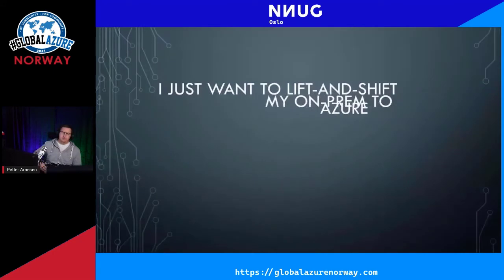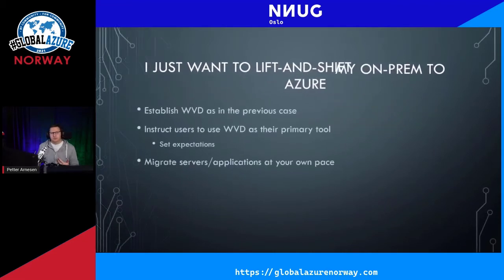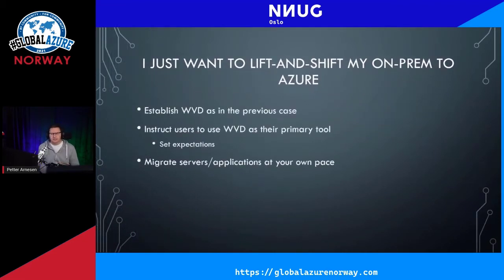But what if you want to do a lift and shift, but you have to take it slowly? This is maybe if you have larger environments that are not suited to have a lift and shift within a few hours or a weekend or something like that, then you can use Windows Virtual Desktop as a primary tool for your users.